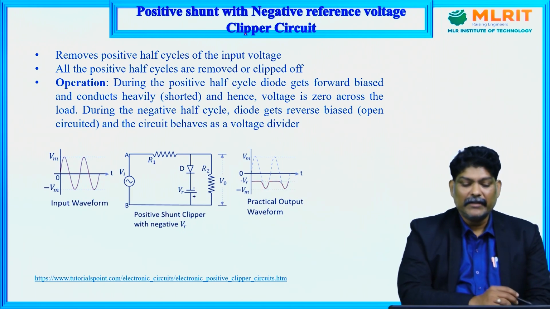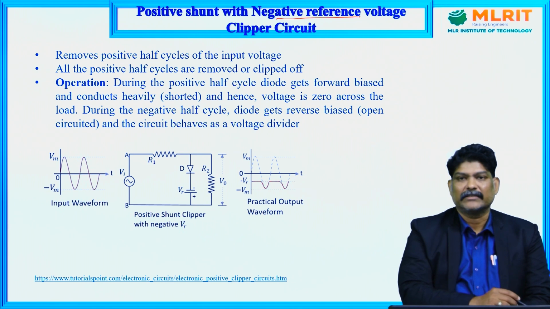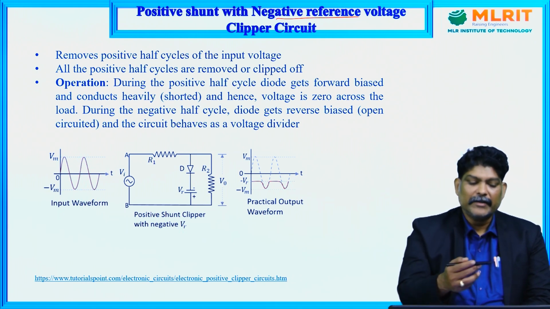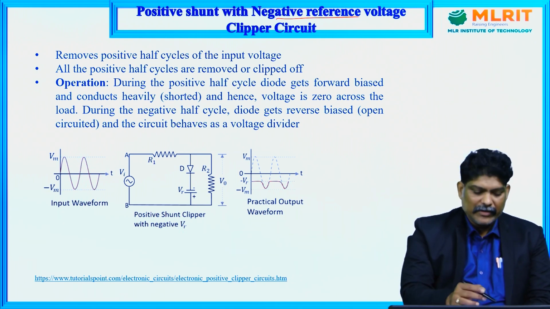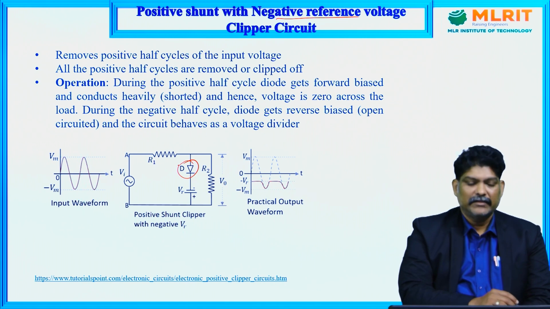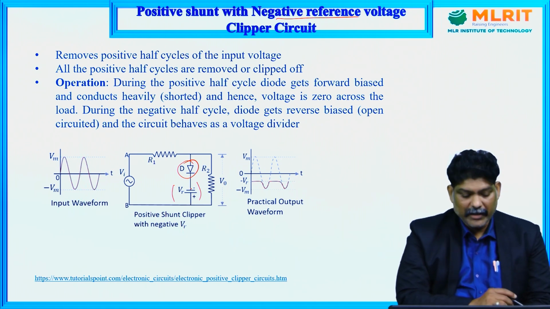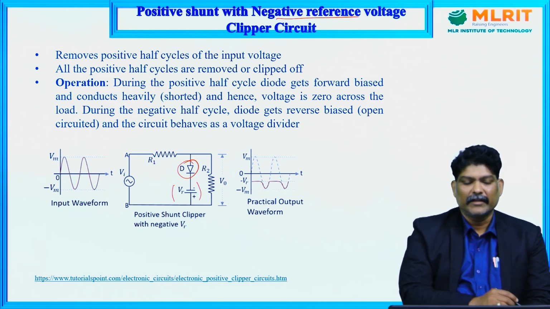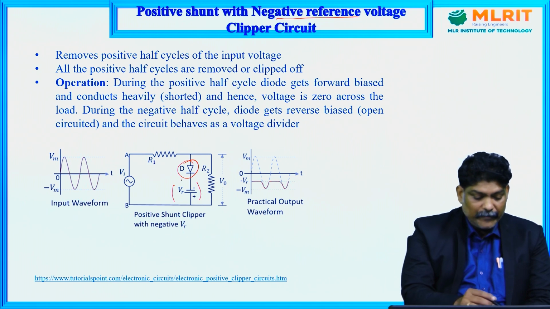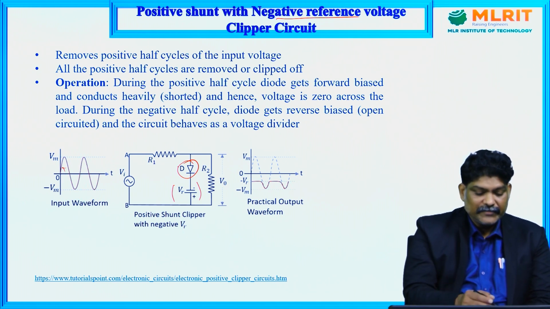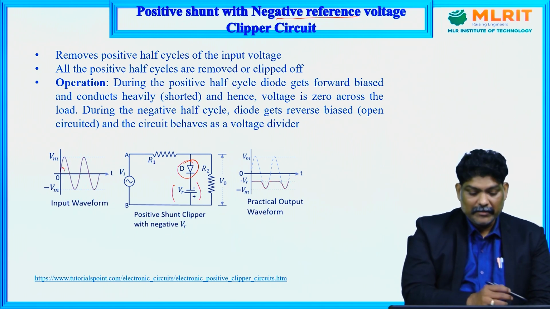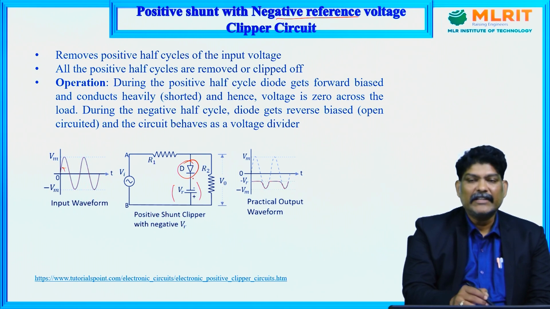Positive shunt clipper with negative reference voltage. So again, this is a positive shunt clipper, the diode is connected in shunt to the input, and we have applied one reference voltage that is a negative reference. So minus is applied. During the positive half cycle, the diode gets forward biased, but the reference voltage is there.